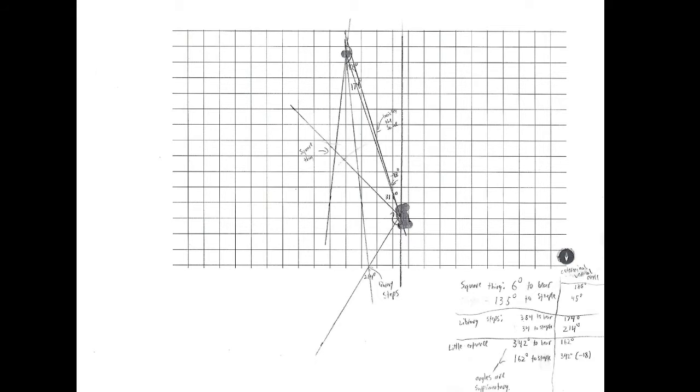The last kind of fun lesson that I found was actually 100% by accident, but I thought it was really cool when I bumped into it. I tried doing a measurement at the entrance to Little Hall. And Little Hall measured 342 degrees to the bear statue and 162 degrees to Stevens Tower.